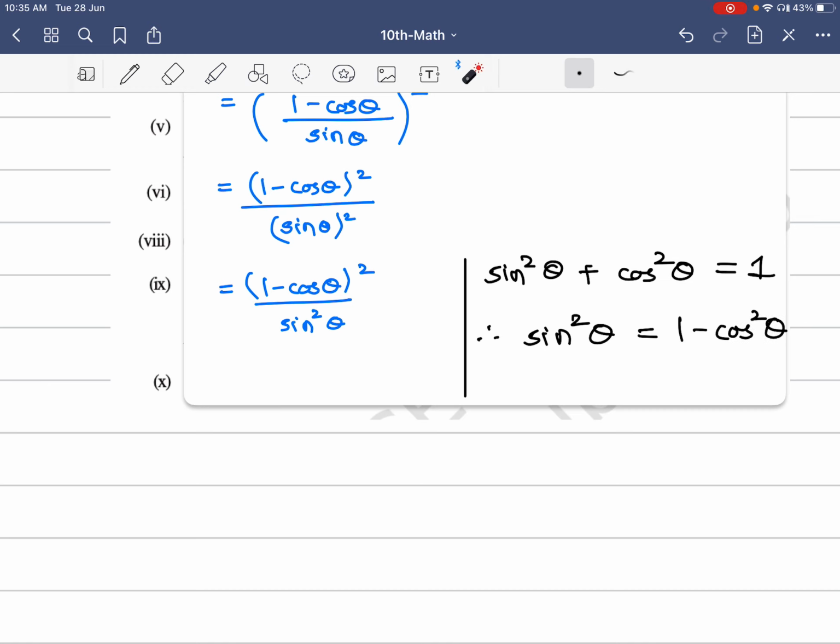So let's substitute this identity into the denominator. So this is equal to 1 minus cos theta the whole square divided by 1 minus cos square theta, taken from this identity.